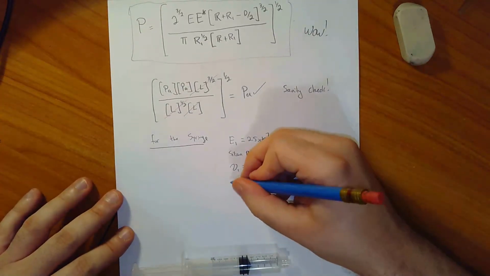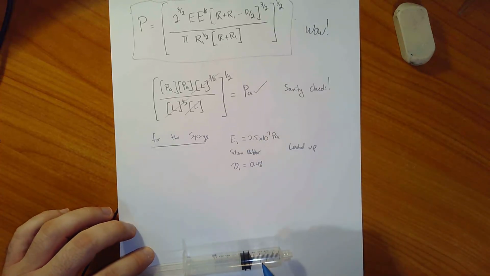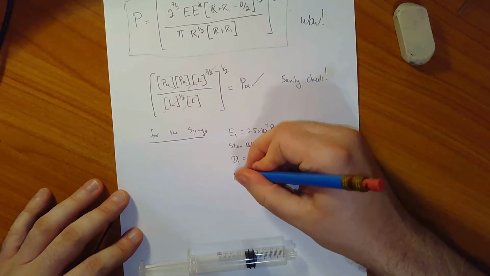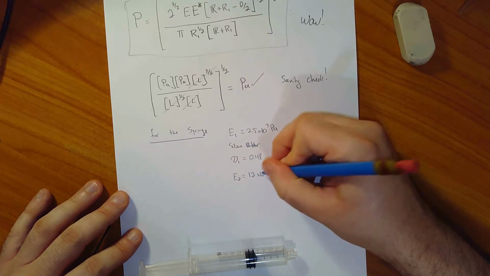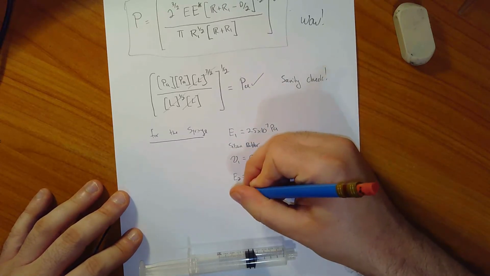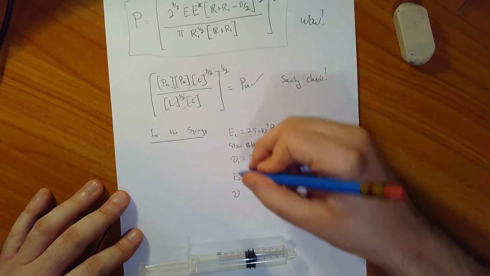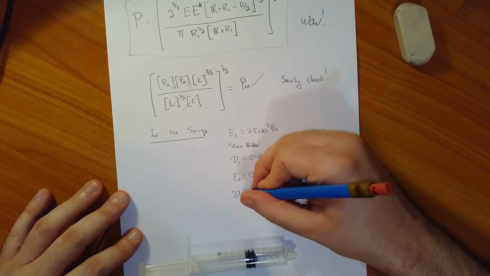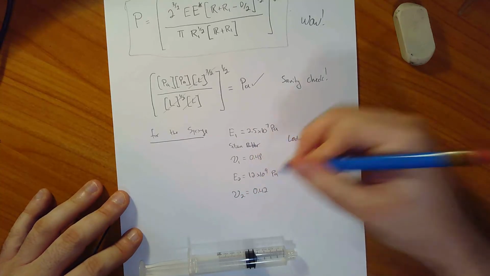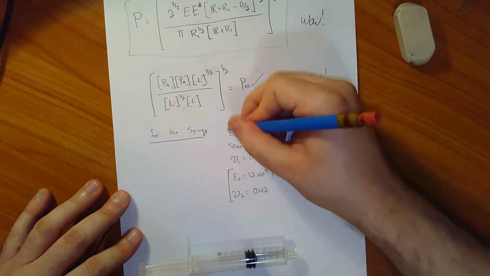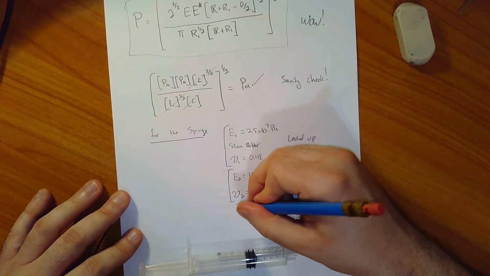And then the syringe is made out of polypropylene. So E2 for polypropylene is 1.2 times 10 to the 9th pascals, and the Poisson's ratio for polypropylene is 0.42. So let's just kind of box these so they're separate. That's polypropylene.